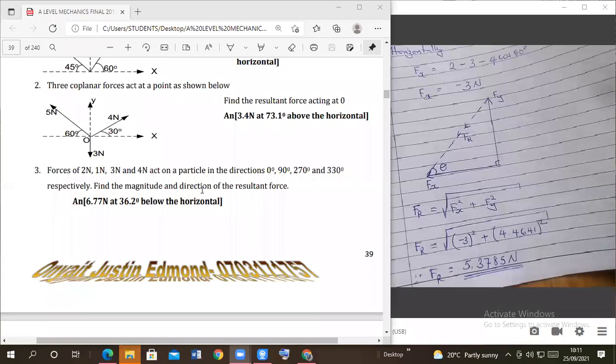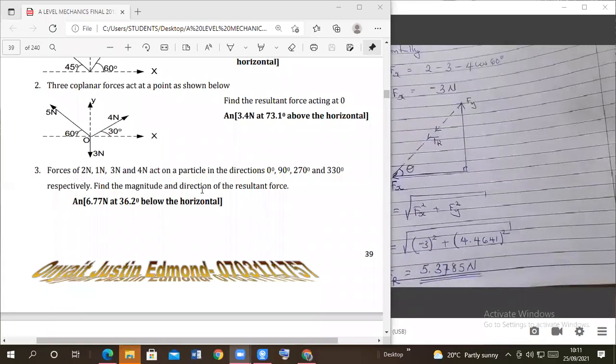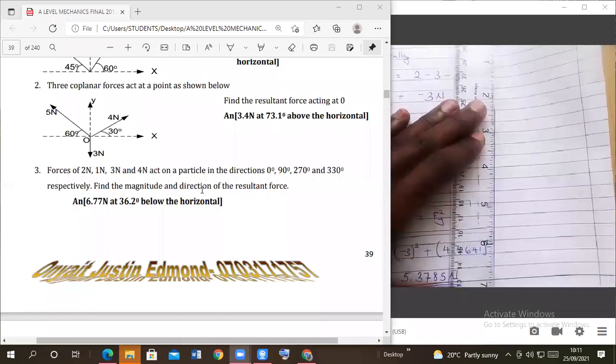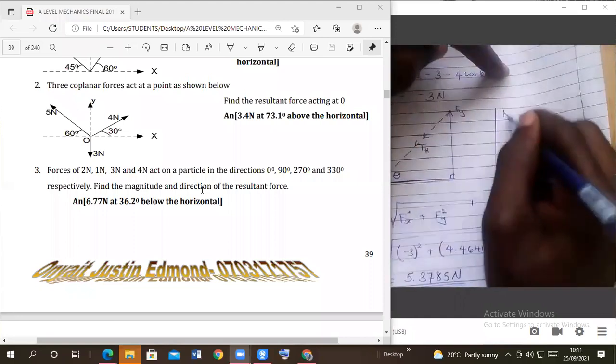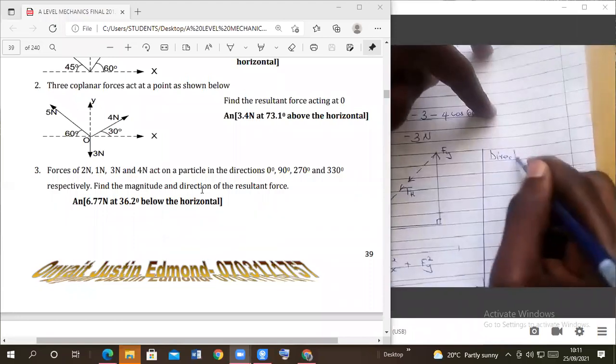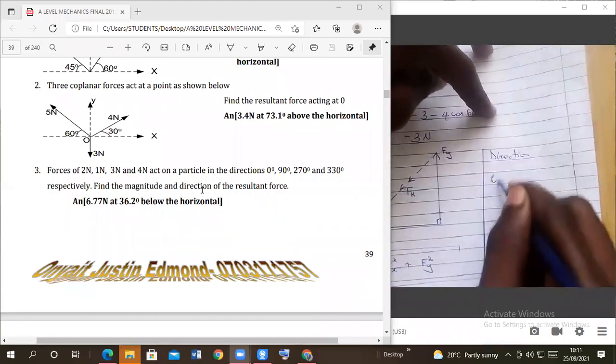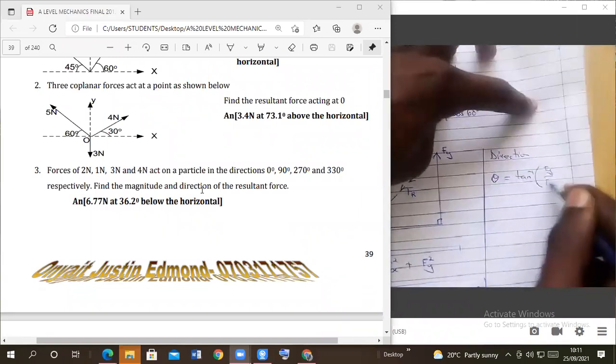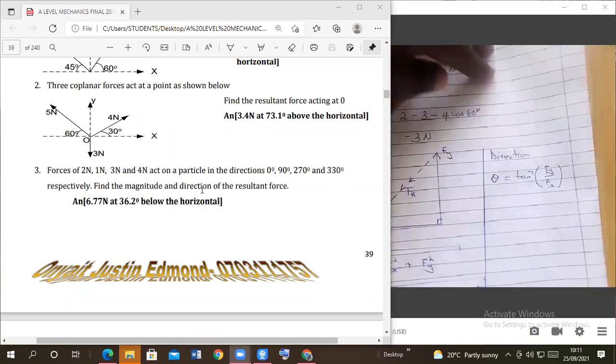So what's going to be the direction? The direction theta is equal to arctan of Fy over Fx. There's no debating that.